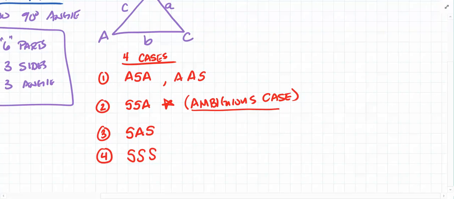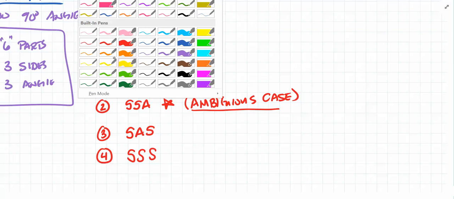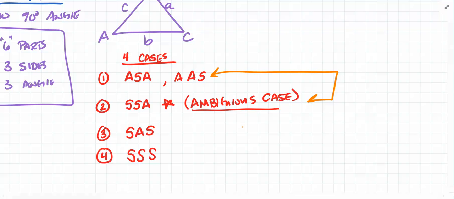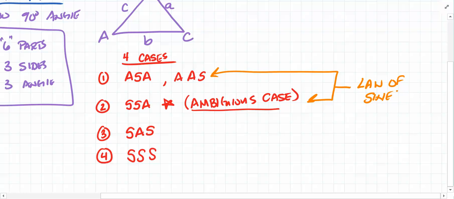Now, continuing on from this, you have to realize, if you are given one of the top 2 scenarios, angle, side, angle, angle, angle, side, or side, side, angle, known as the ambiguous case, then in order to solve that triangle, you use the law of sines. That's what we're going to use in order to solve these triangles.